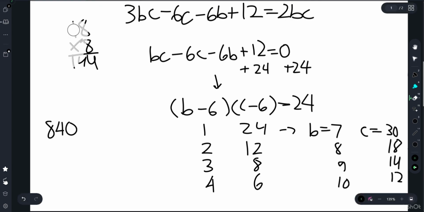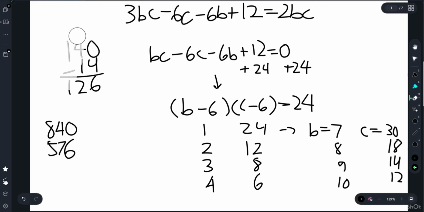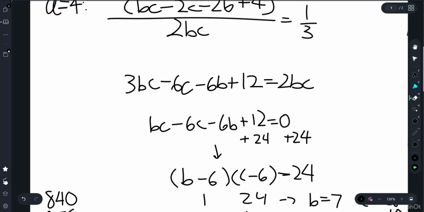So 4 times that is going to be 576. 9 times 14 is 140 minus 14, which is going to be 126. We have to multiply this by 4, so 504. And lastly, 480. So these are the volumes we get from A equals 4.